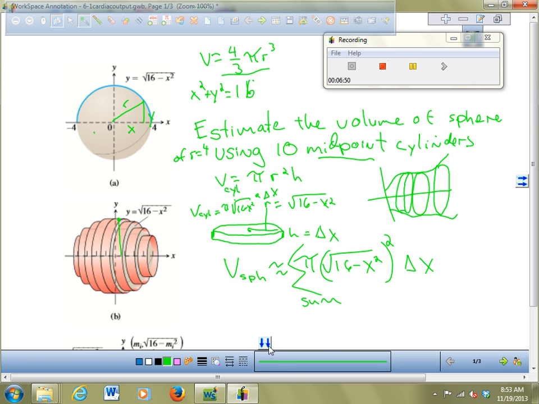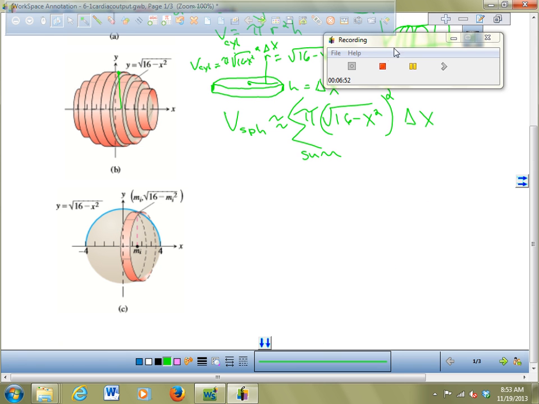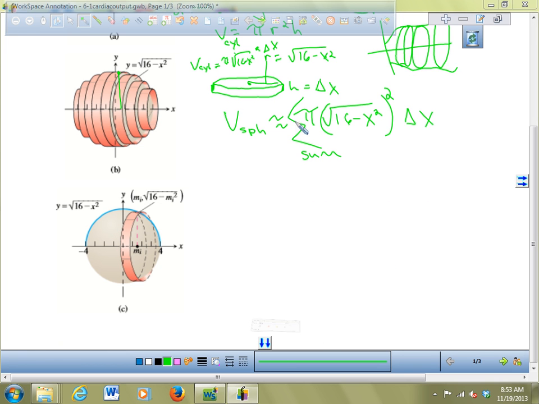So what does this look like when you do it on your calculator? When I square this, this becomes pi times 16 minus x squared, right? So I'm going to sum all these things up, and then at the end I'm going to multiply by my delta x.